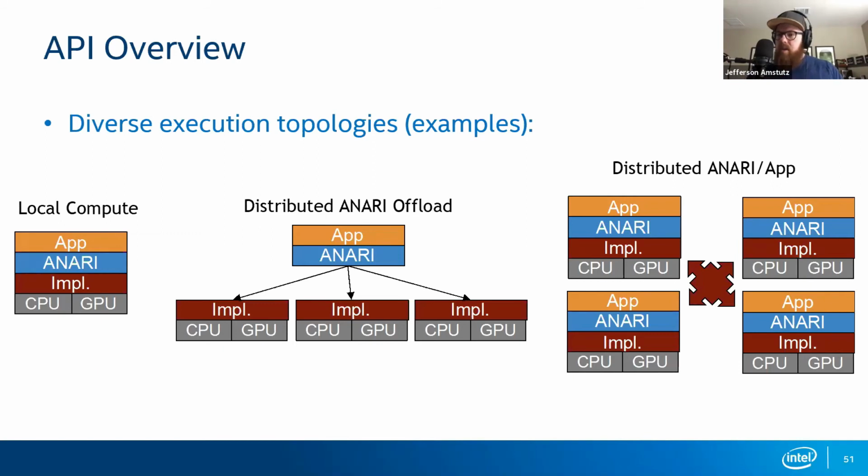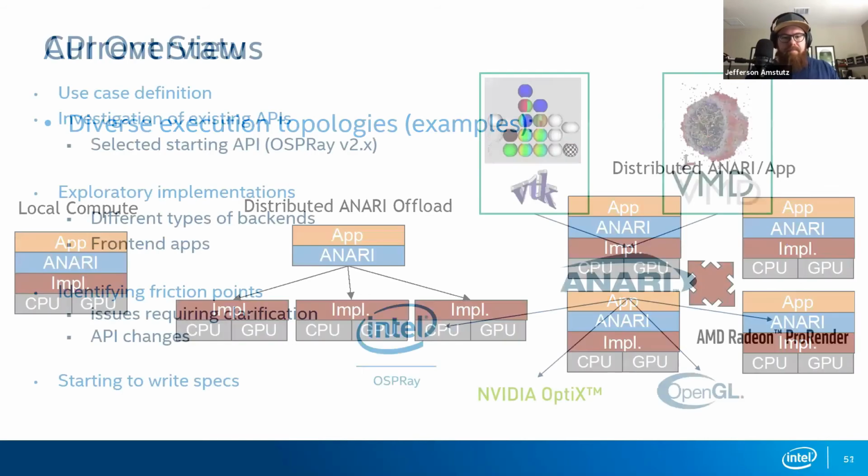These are things that we've been doing in SciViz for a while now, but being able to lower the bar to access those renderers is something that we're keeping in mind as we're working on Anari.